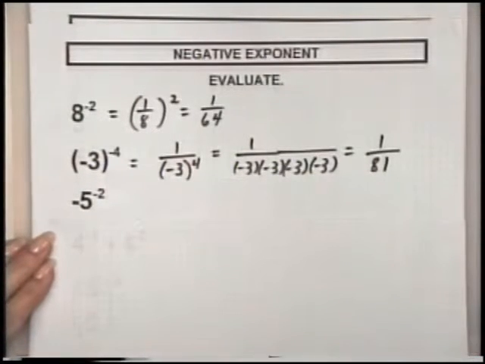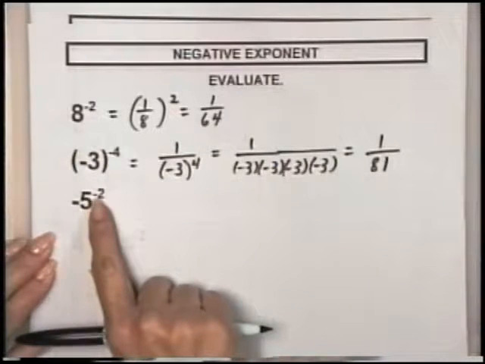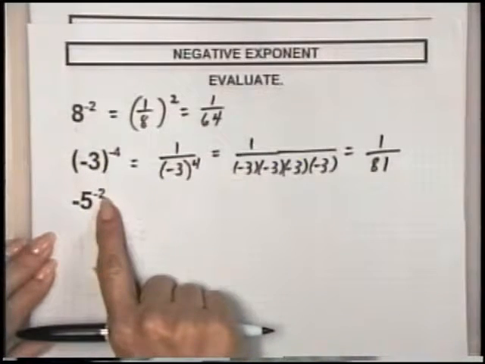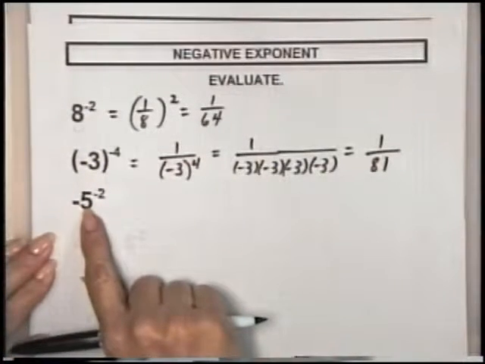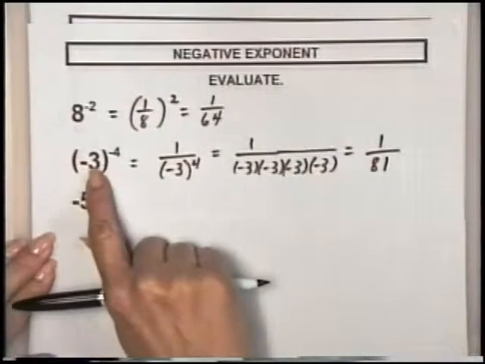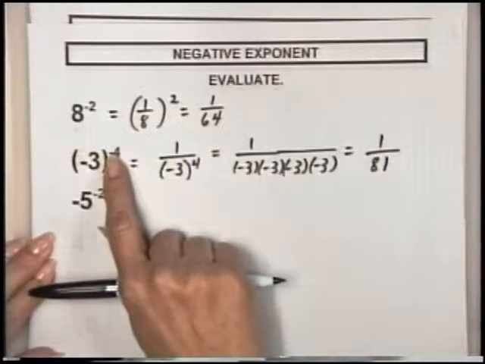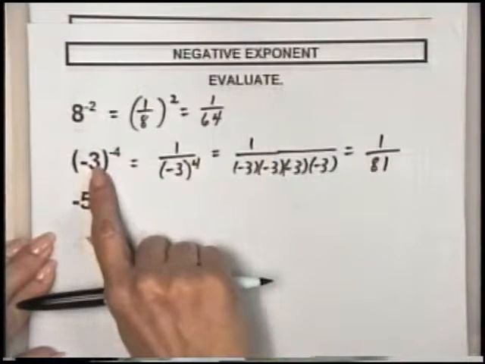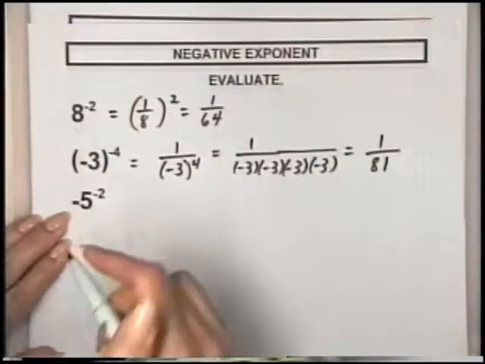Now let's look at this next problem. Negative 5 raised to the negative second power. The question is, does the exponent negative 2 apply to the negative and the 5? For this problem, the negative 4 exponent applied to the whole negative 3.